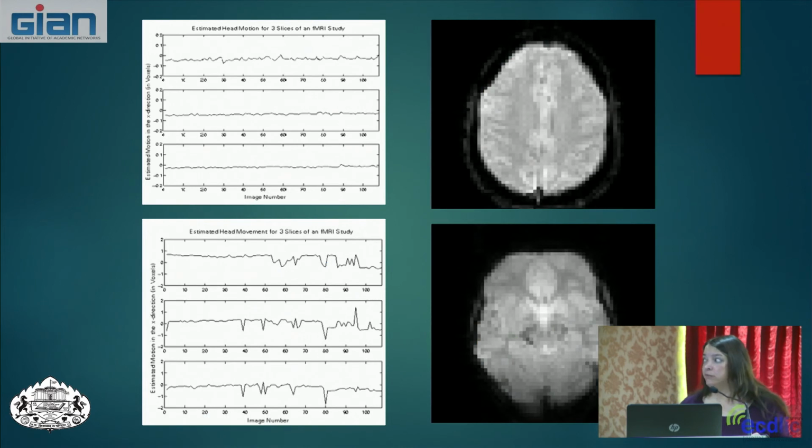Okay, so to correct for motion, we take our time series of data. Along the x-axis of these is the image number. And what is done is that we estimate motion parameters. There's a program that comes in and tries to estimate how much movement was done during the data by looking at slices over time and trying to minimize some kind of a measure.